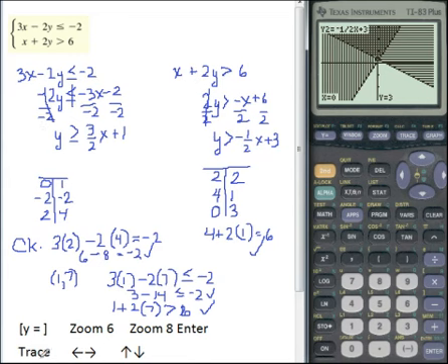And then we hit the trace key and got a table of values for each line that form the boundary. And then our final step would be to shade the correct region.